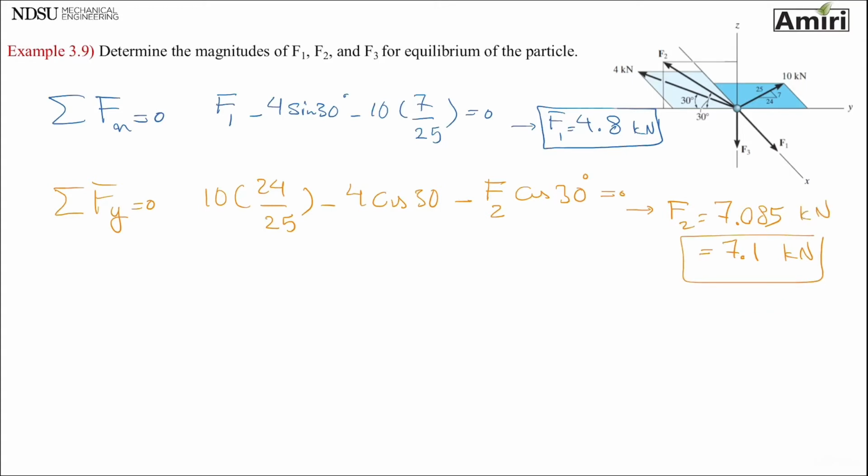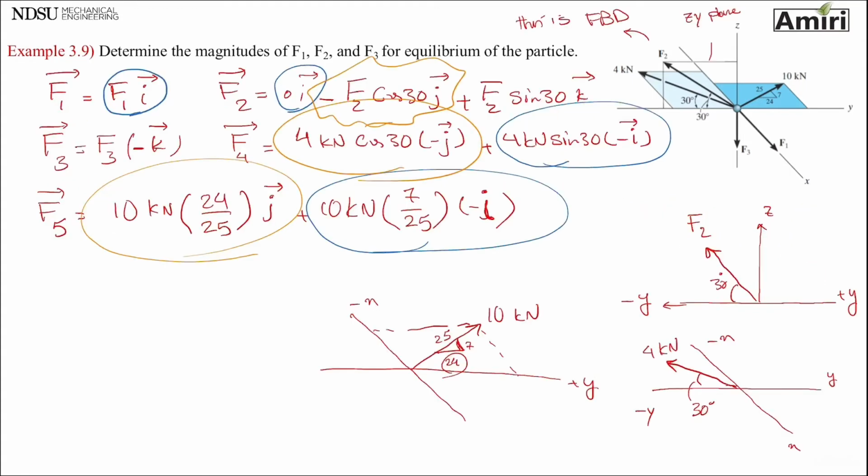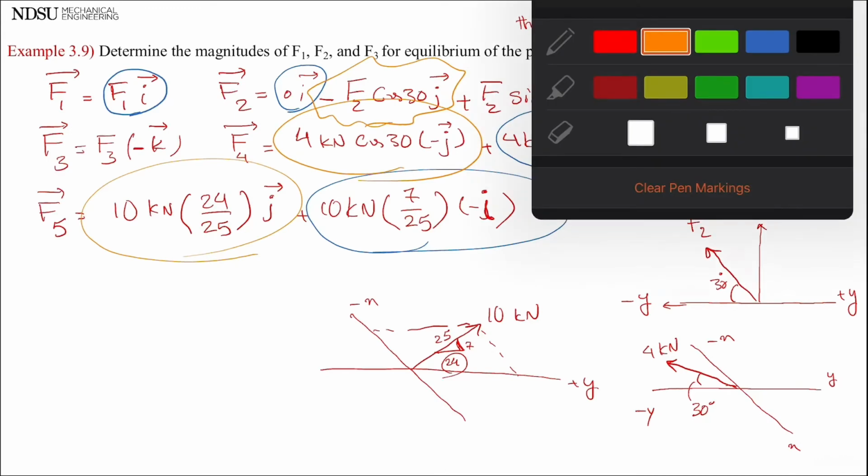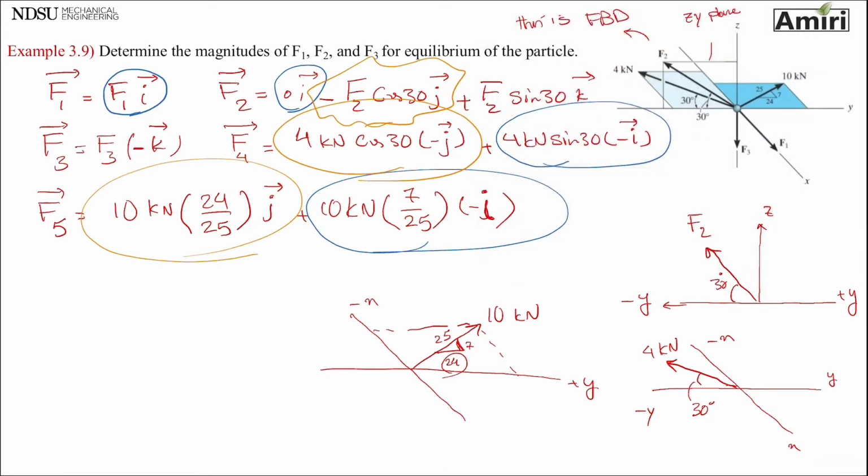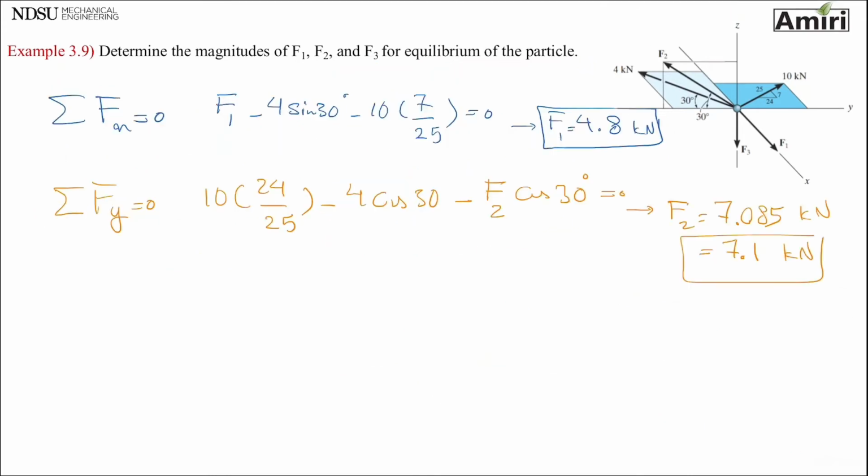And last, summation of forces in z direction. Let's use green this time. So all of the k's, k, k, and that's it. Just 2 k's. So summation of forces in z equals 0. So F2 sine 30 minus F3 equals 0. F2, I just found it to be 7.085.